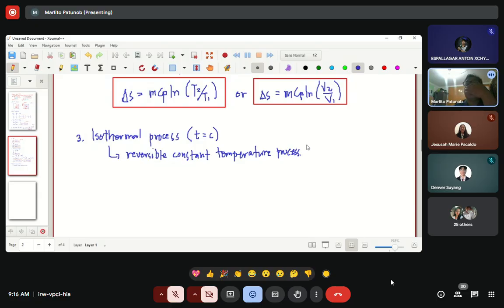For example, you are just making the temperature constant, and it stops. There are many processes in a tank where the temperature is reached and it stops.